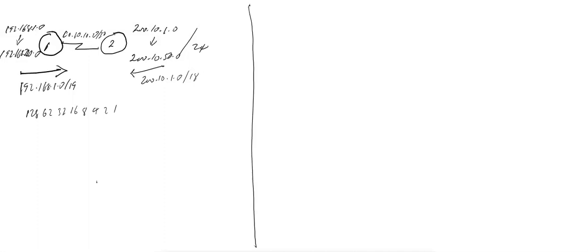Assuming you are trying to send a packet from this router 1, let's say the packet is destined for 200.10.10.0.